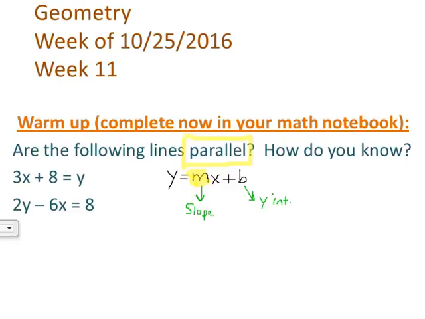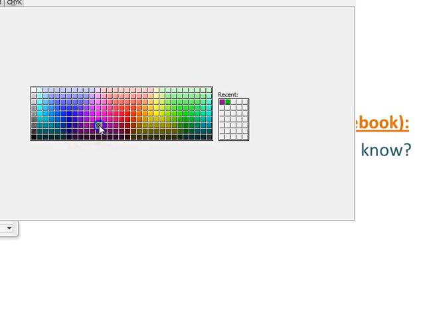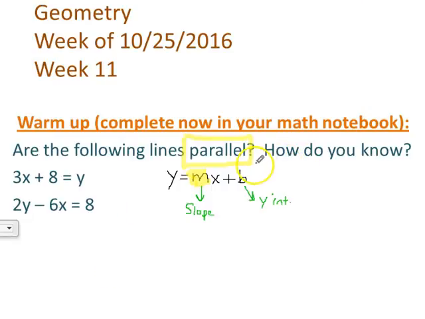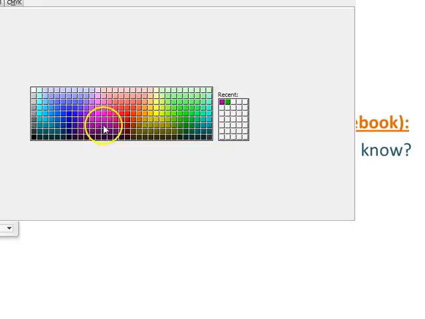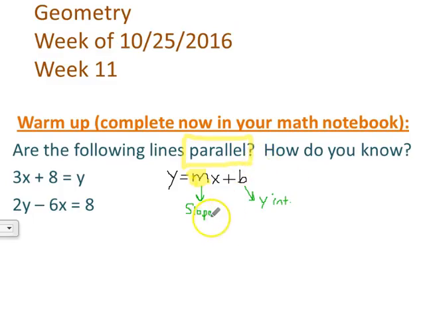And if you recall from your algebra class last year, when you have parallel lines, what do we know about the slope of parallel lines?